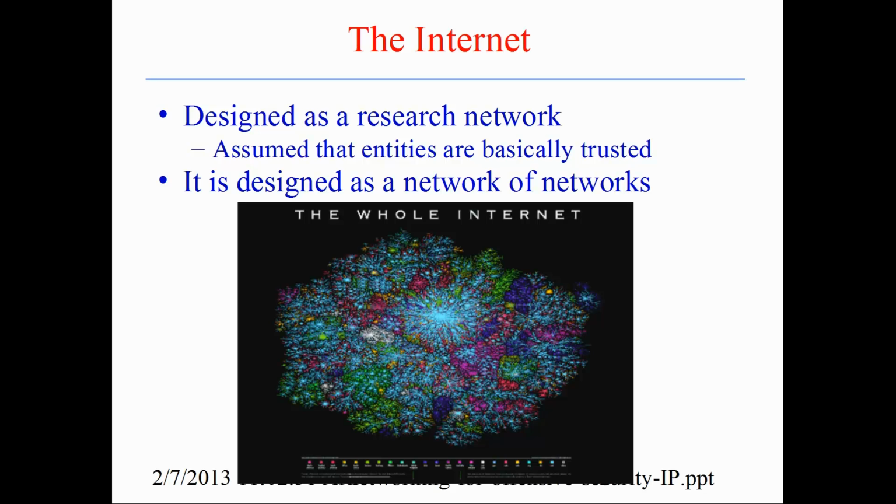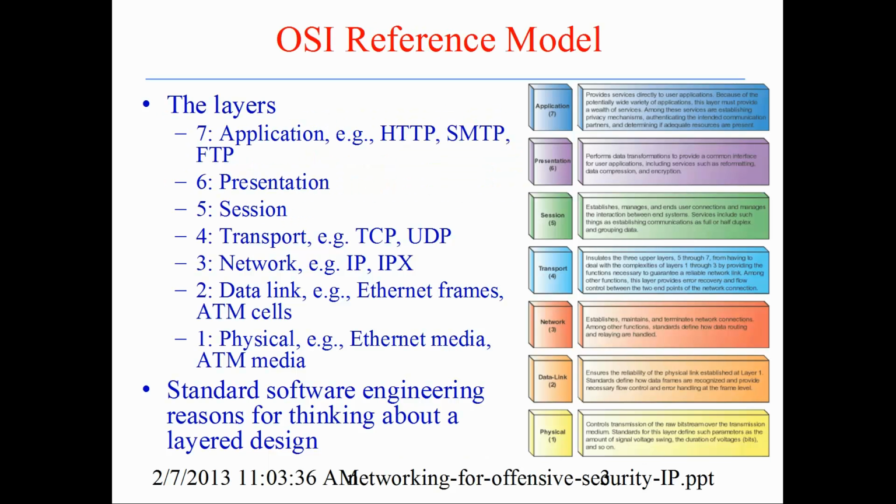IPv6 is the spiritual successor, designed to provide enough address space to solve all these problems. It also implements things differently, so some attacks that we see for IPv4 in this lecture, such as ARP, don't apply in IPv6.